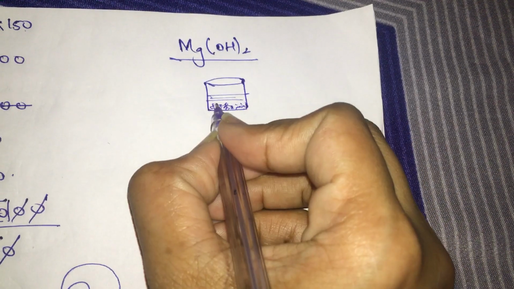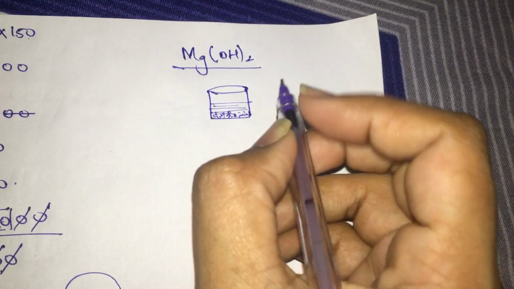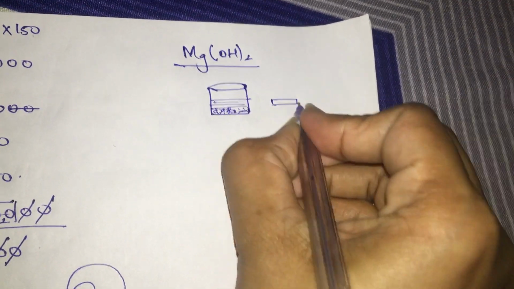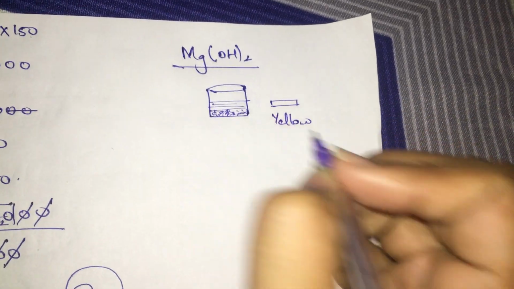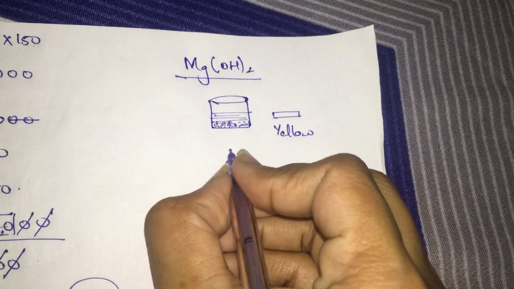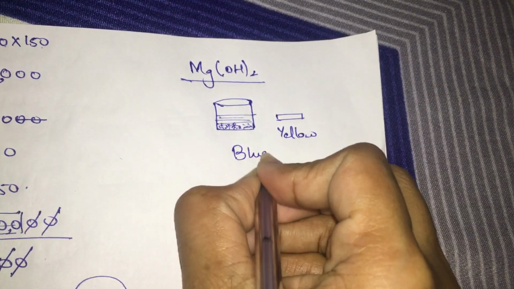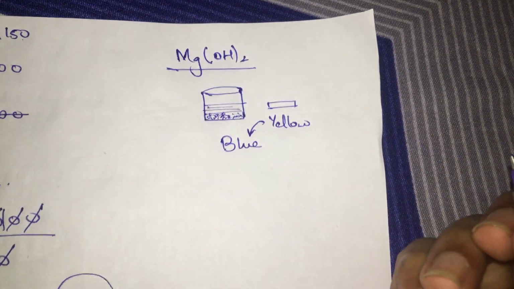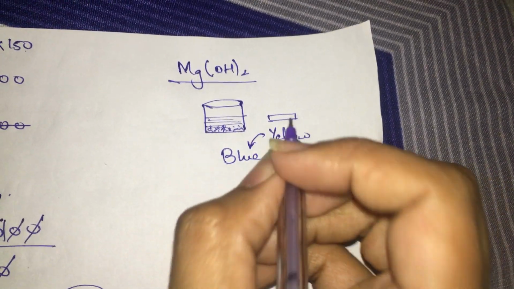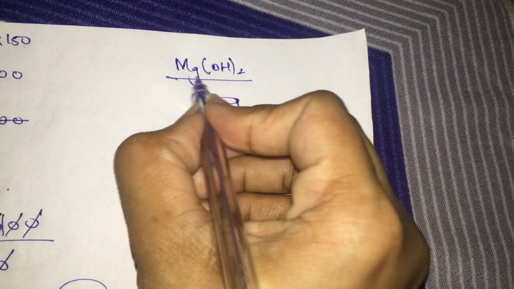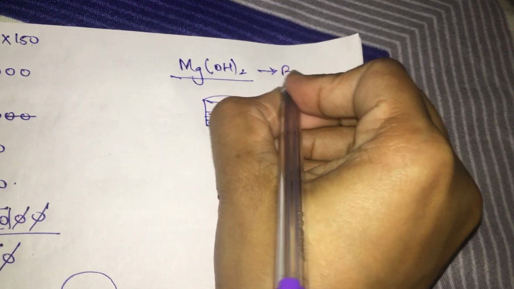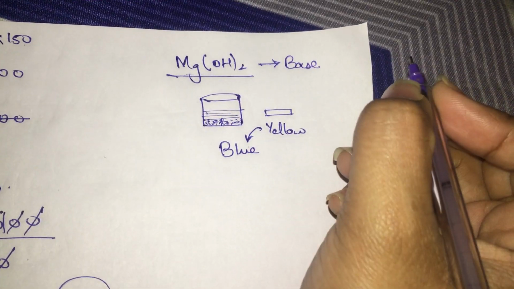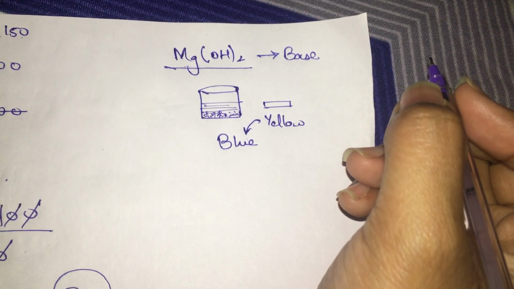So this liquid, I take the yellow litmus paper and dip it in this. And if I dip that yellow litmus paper, it will turn to blue color. That yellow litmus paper turns to blue color, showing that this MgOH2 is a base. Base means it is not acidic.